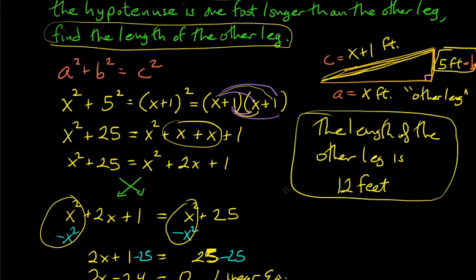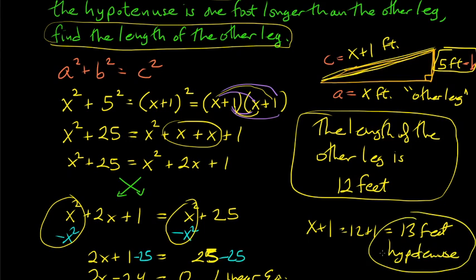And the hypotenuse, of course, would be x plus 1. 12 plus 1 would be 13 feet. But they didn't ask for that. They could, of course, ask for the hypotenuse as well. In that case, your answer would be 13 feet. But the length of the other leg is just 12 feet.